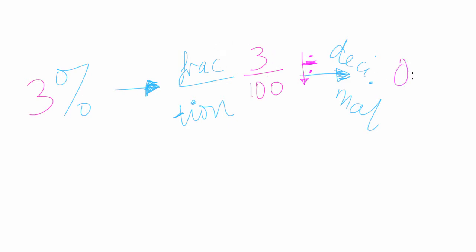And so we end up with 0.03 because the decimal point moved from here, 1, 2, to there. Let me draw that in red. And that's how you get a decimal. So all of these values are the same. 3%, 3 over 100, 0.03, all are the same thing, just in different clothes.